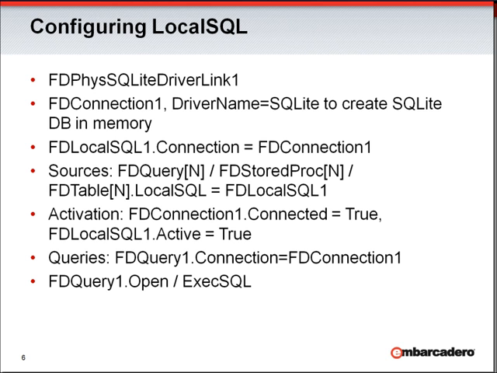Okay, now let's start doing a simple local SQL application, and let's consider how we should configure the components. As I have already said, FireDAC uses the SQLite driver for the local SQL engine.